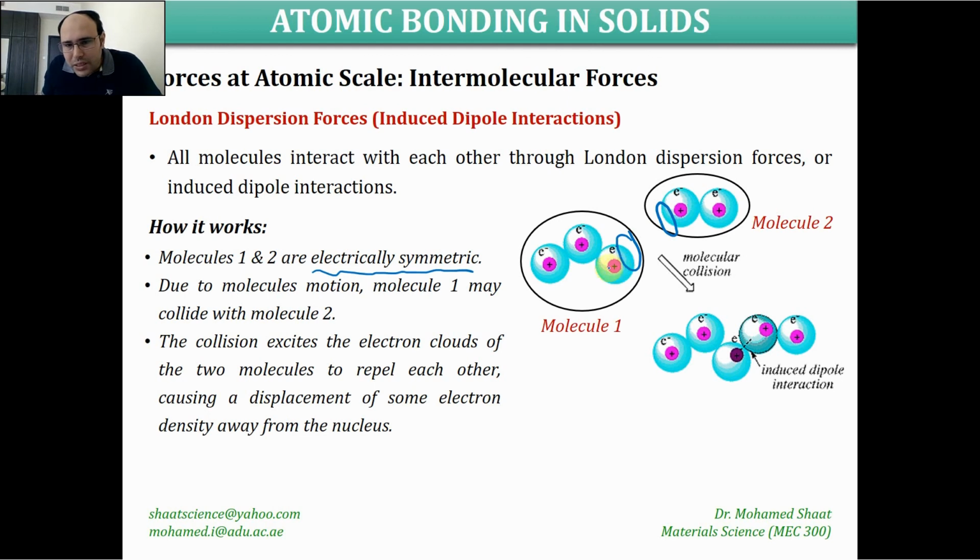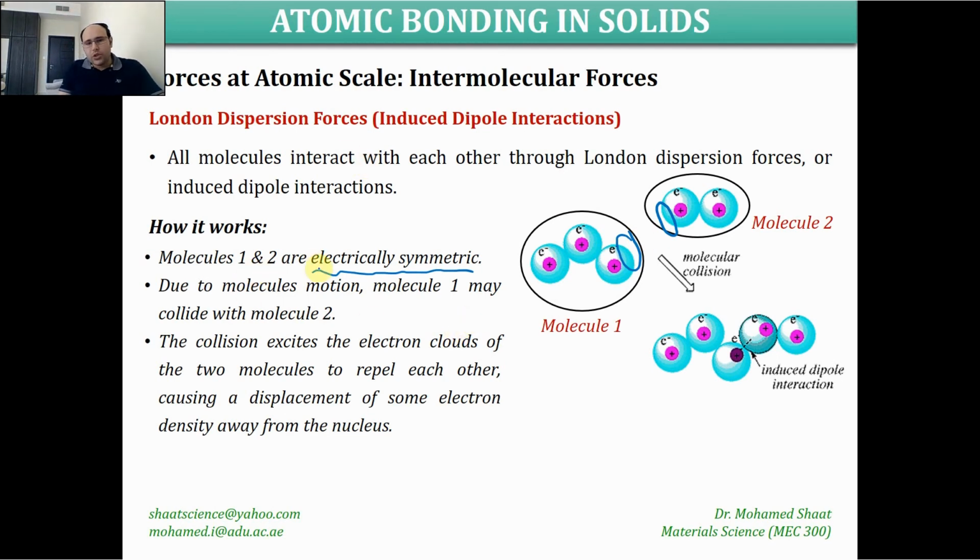This is gonna make this nucleus have a negative charge over this side more than this side. So this will enforce the nucleus to attract the electrons of the negative charge of the other molecule, and this is what generates the London dispersion forces.